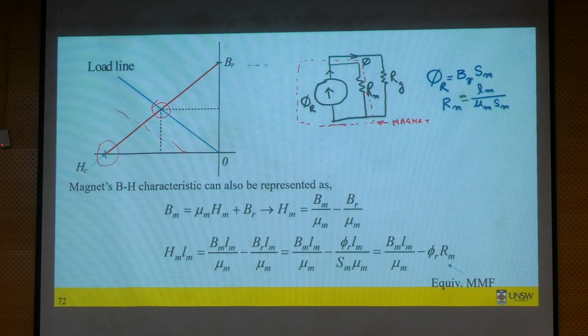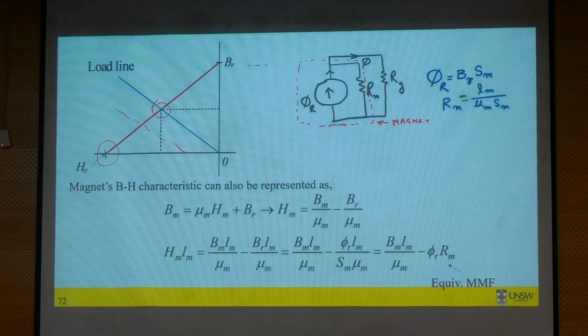Now if we want to use the magnet equivalent circuit, again these conventional methods are good to check initially when you are starting a design project. You may want to do all this calculation using the traditional method to see where you are expecting your operating point to be.